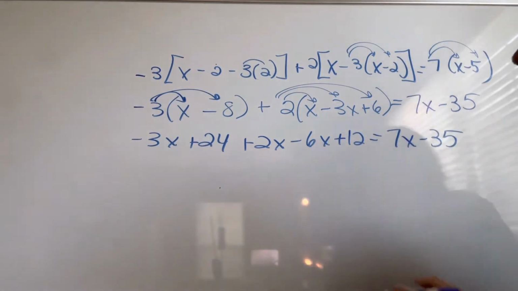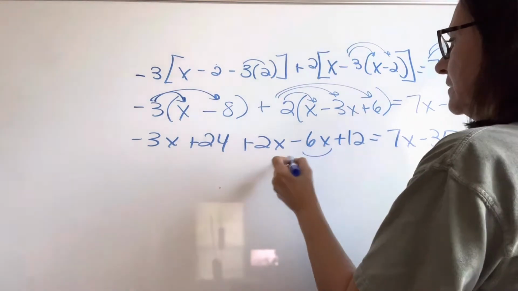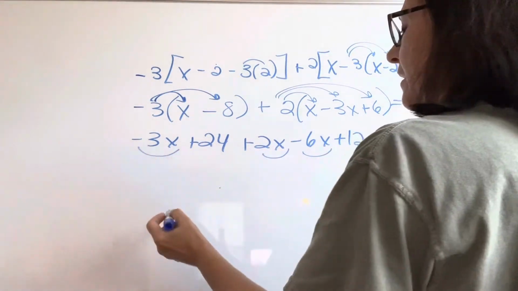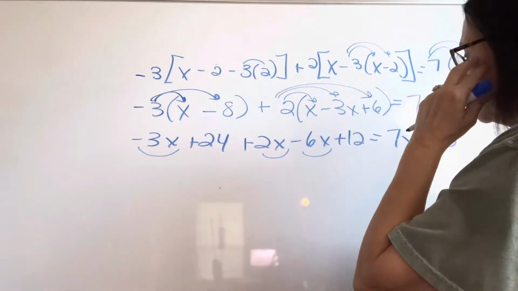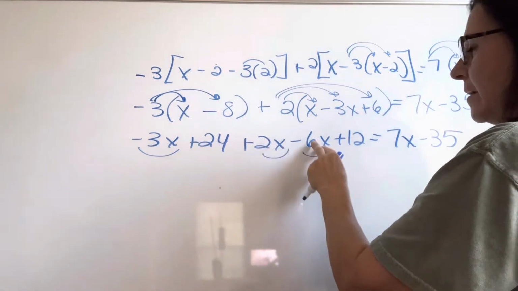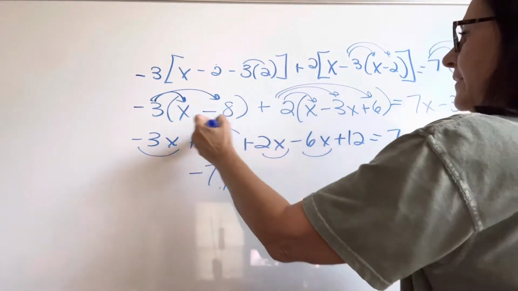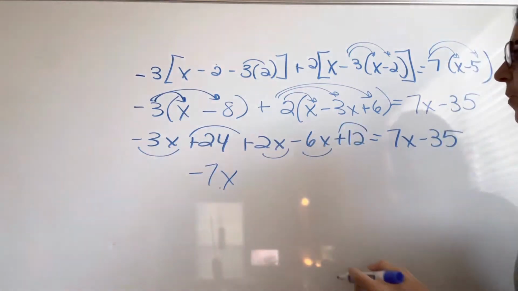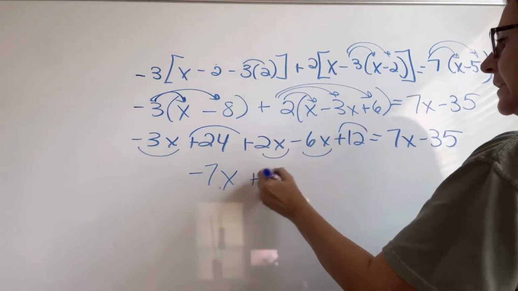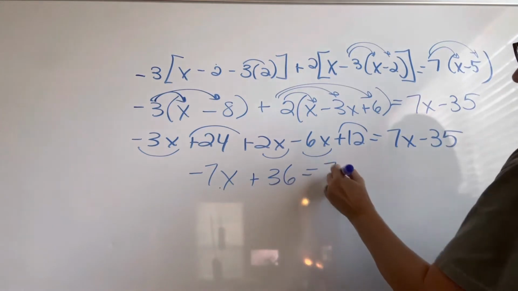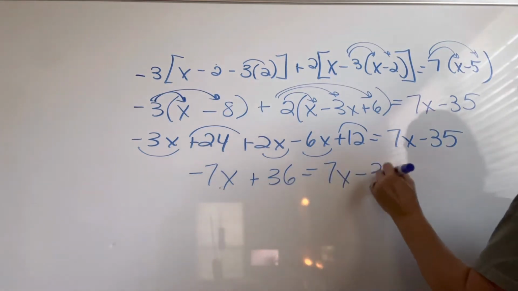Now we'll combine our like terms. So we have negative 3 plus 2 is negative 1 minus 6. That's negative 7x. Then we have 24 and 12, which is plus 36, equals 7x minus 35.